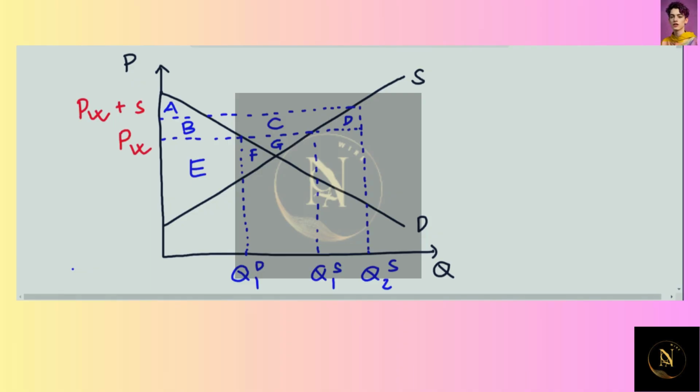An export subsidy increases the price of steel exports received by producers by the amount of the subsidy, as shown in this figure. We have PW as the world price before the subsidy is installed.